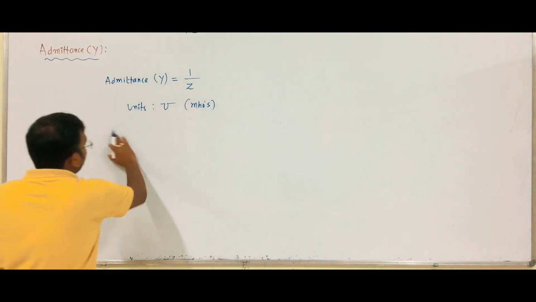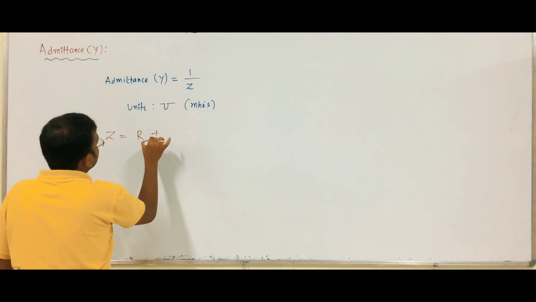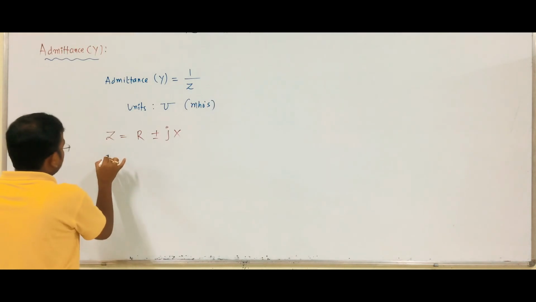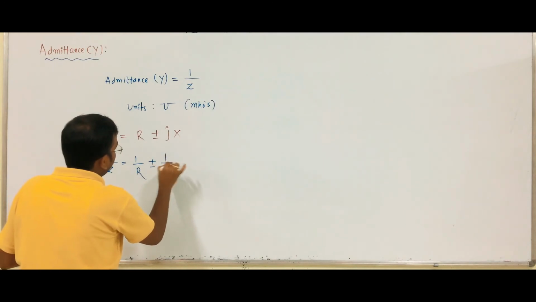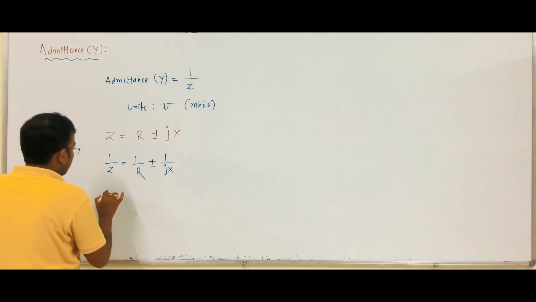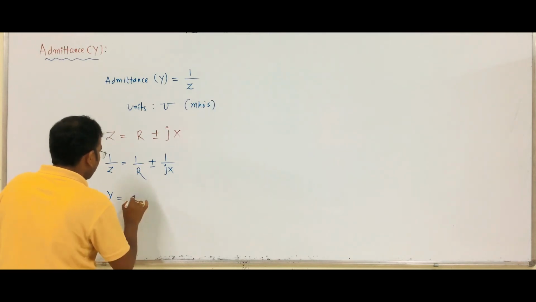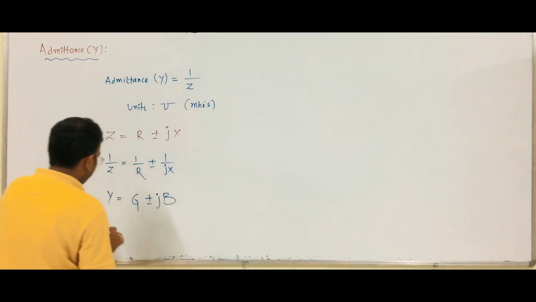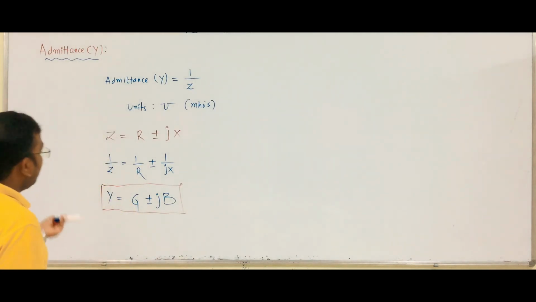So, we have Z is equal to R plus or minus jX, right? So, from this, Y is 1 by Z, which is 1 by R plus or minus 1 by jX. This is represented as G plus or minus jB. Like this we have to represent the admittance.